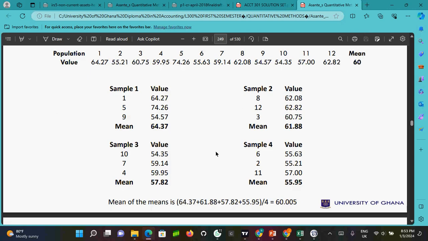Take note, this mean of means will be used in ANOVA, analysis of variance. So just keep this in mind, that this will be used in the analysis of variance when we start treating it. Maybe this weekend, and then you do one.